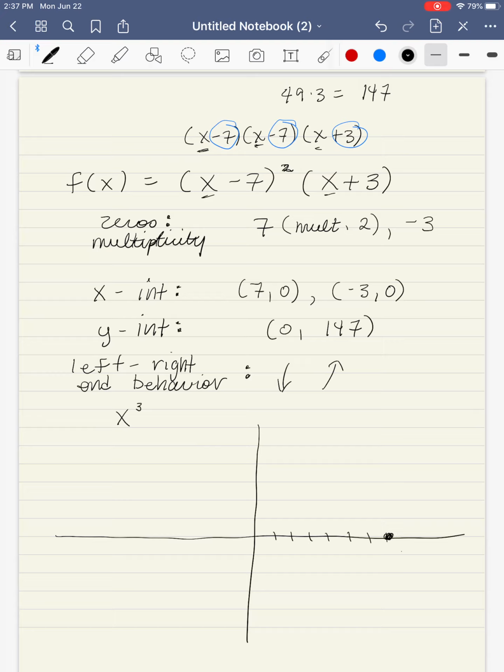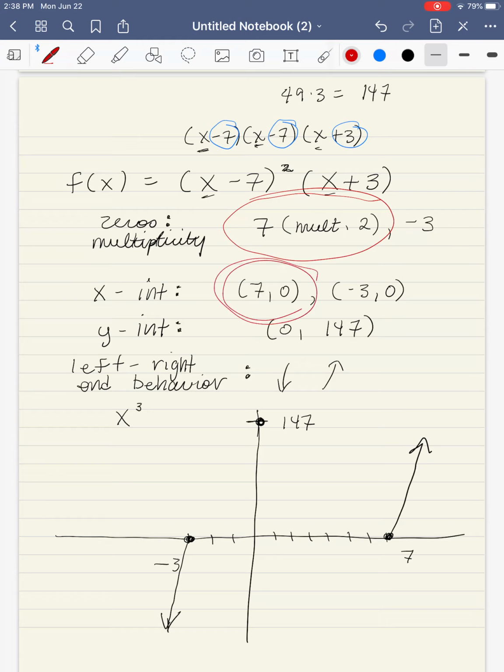I'm going to plot my x-intercepts and my y-intercept, and I'm just going to go way up here and say this is 147. And I know I'm going to go down left from the furthest left one and up right from the furthest right one. All right.